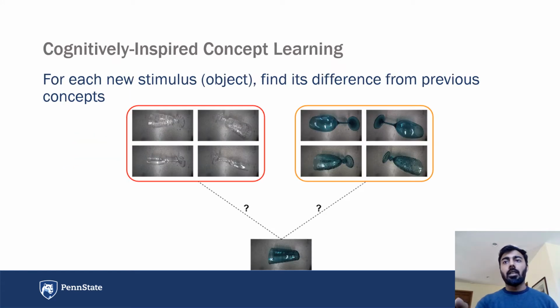To create a computational model, I draw inspiration from cognitive science and how the human brain learns different concepts. Inspired by the concept learning process, my model first receives a new object as a stimulus and finds the difference of the object from the previously learned concepts.